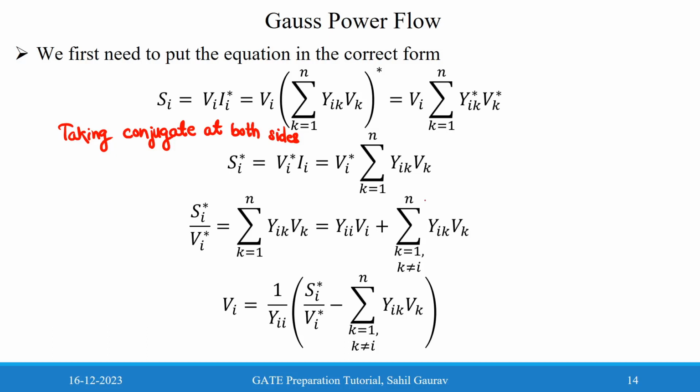So we can take it as Yii Vi plus summation of k equal to 1, k not equal to i, to n of Yik Vk. Where we are going to find the voltage, we take it on the left-hand side, and the other terms on the right-hand side. So we will get the final expression for the voltage at different buses using the Gauss power flow method.